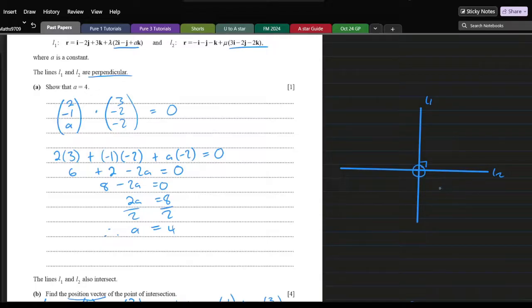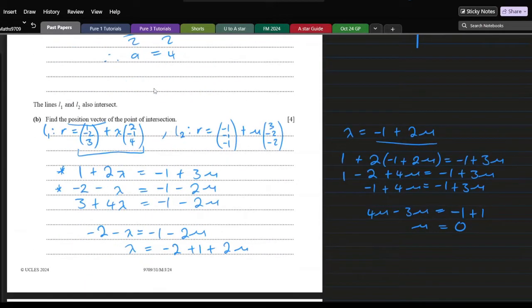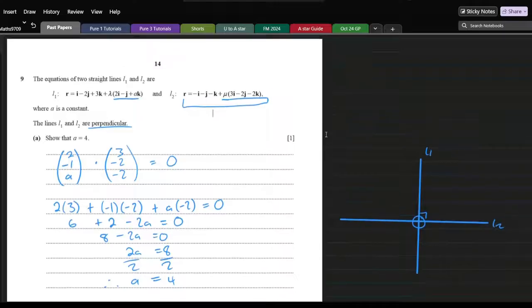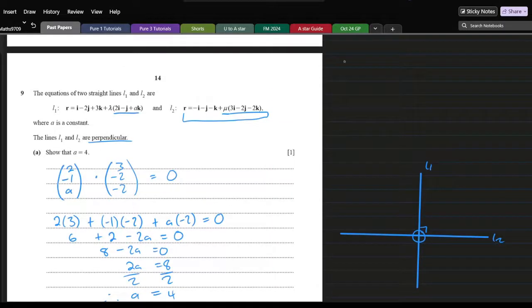So in this case, since we found mu to be 0, we can simply use the formula that has mu, and that's L2, to give us the coordinates of this point of intersection. We know that this point is the point at which mu is equal to 0. So we can substitute mu equal to 0 into the equation of that line.